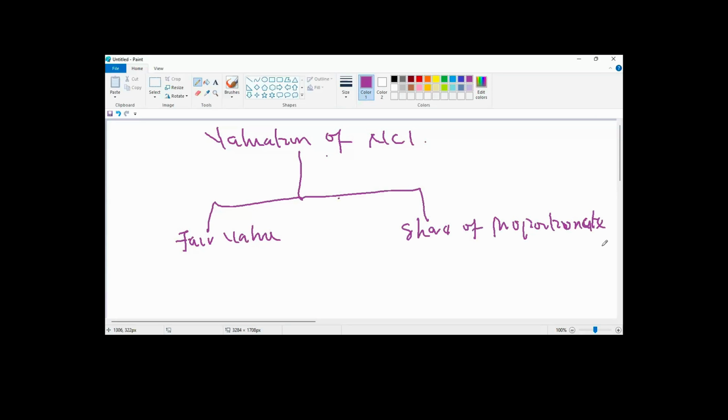This is how to value NCI. Who gives us the clue on how to value NCI is IFRS 3. It says NCI can be valued in two ways: either fair value or share of proportionate.